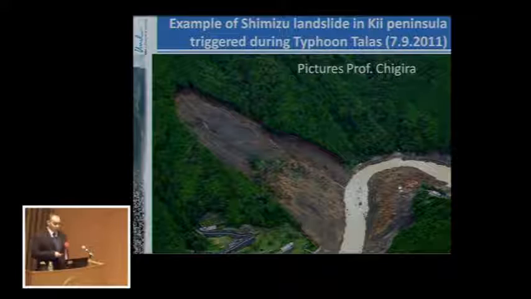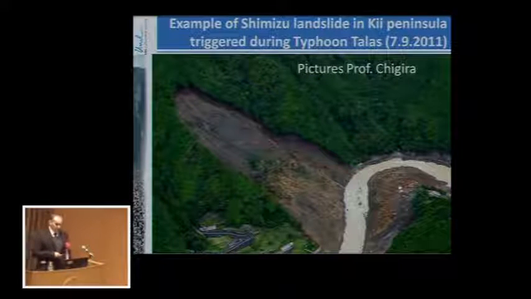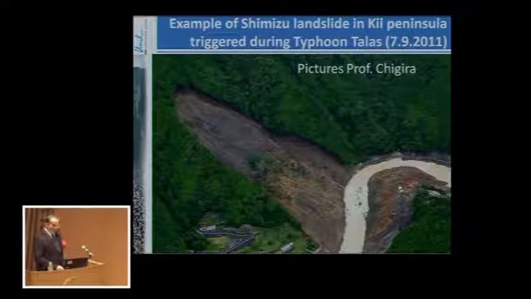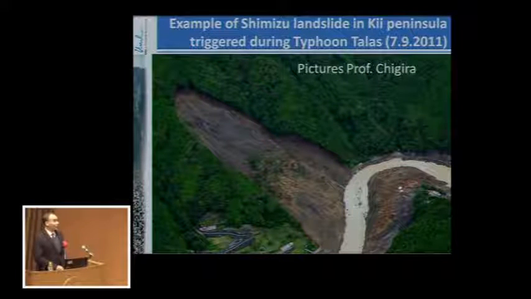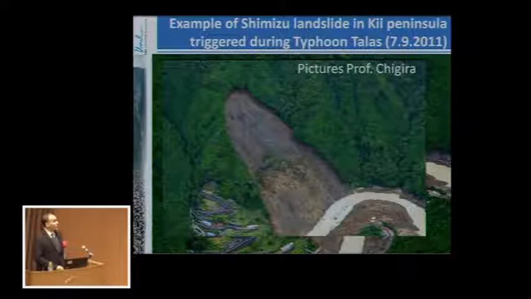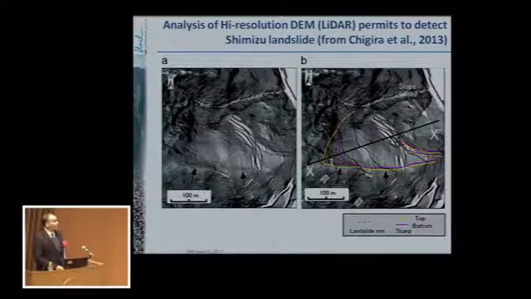But what is interesting in the analysis of Professor Chigira is that if you look at the DM that has been acquired before the landslide, you will see that the limit can be found here. You can see that it's traced here, the different scars that have been identified. And you see that on the morphology, we can identify where it has moved before.